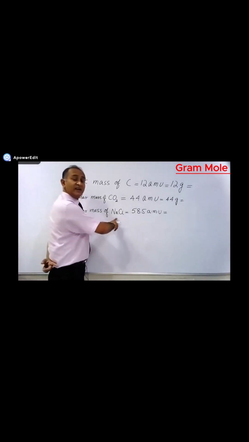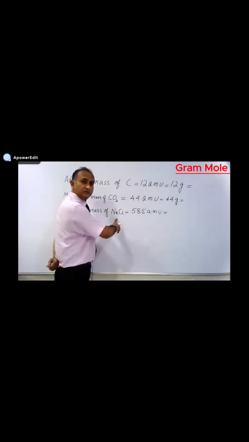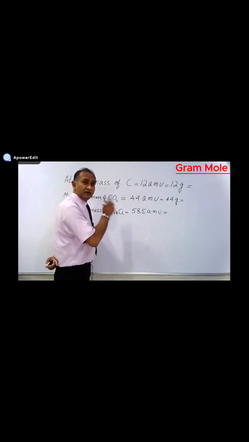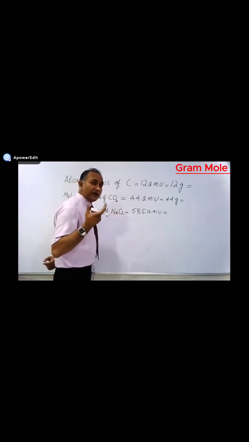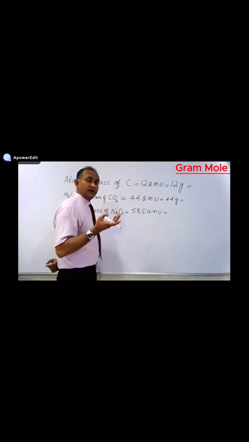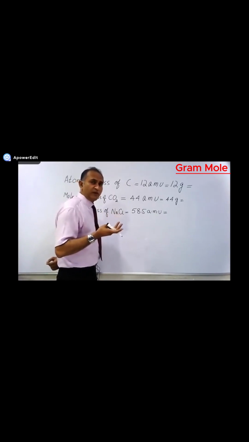NaCl is a molecular compound? Is it a molecule? No, no way at all. Because I told you the elements of 1A. What are the elements? Lithium, sodium, potassium, rubidium, cesium, francium. But you should memorize only the first three: lithium, sodium, potassium.